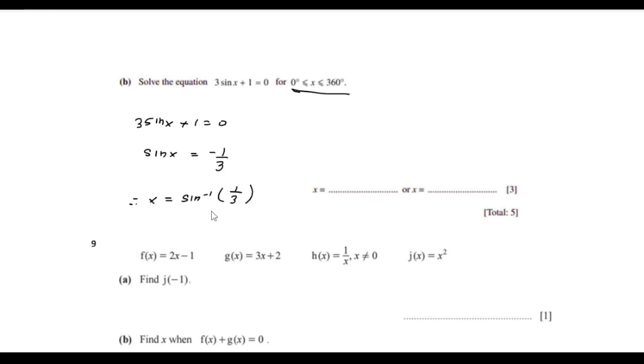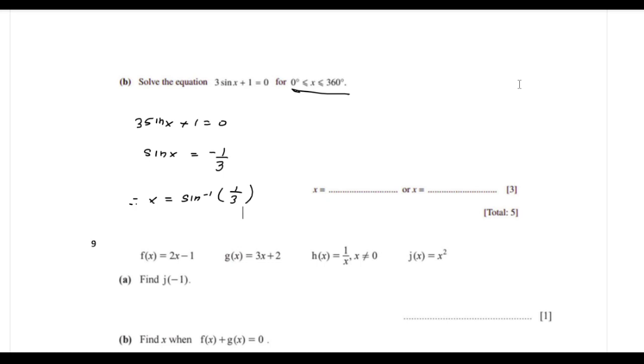Okay, now for the same value of sine, we have two angles. Now 1 by 3 is a positive value, so here my answer should be in the first quadrant as well as in the second quadrant. So my answer will be sine inverse of 1 divided by 3.